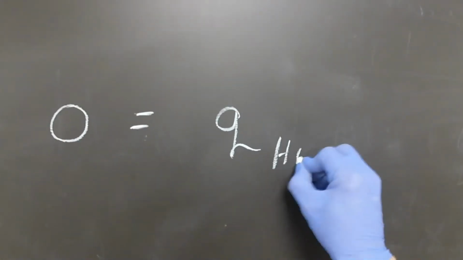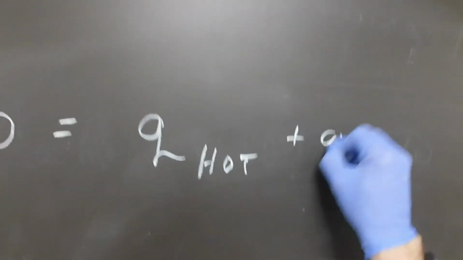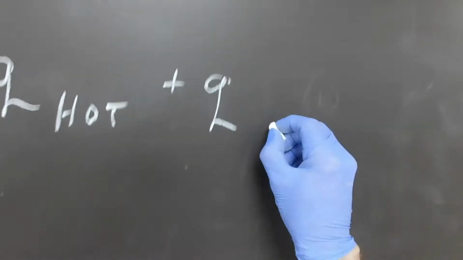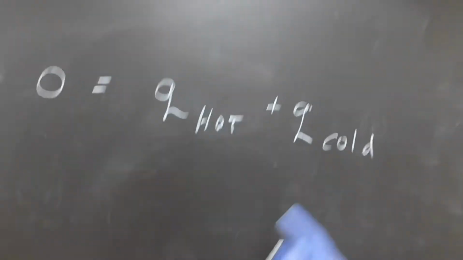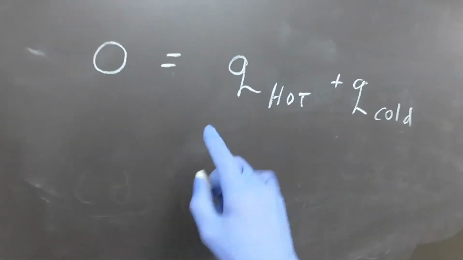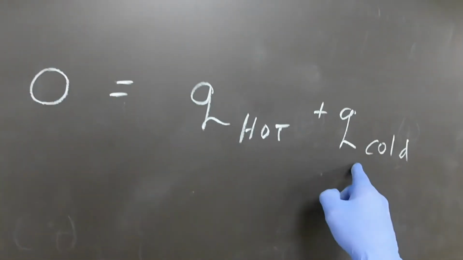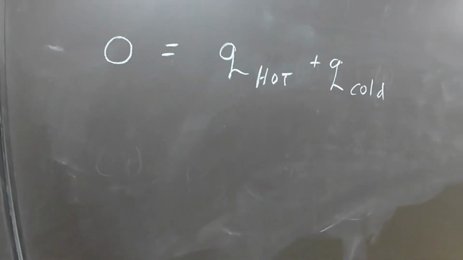Right. So for the calorimeter, the heat of the hot water plus the heat that's contained in the cold water have to equal 0. So one would be equal in magnitude to the other, but opposite sign.